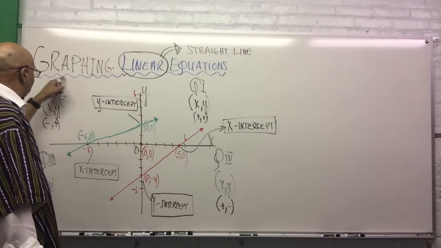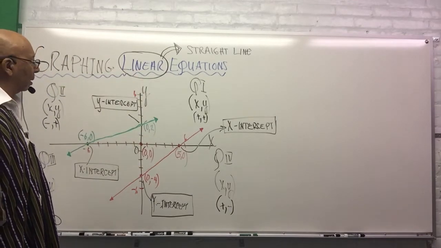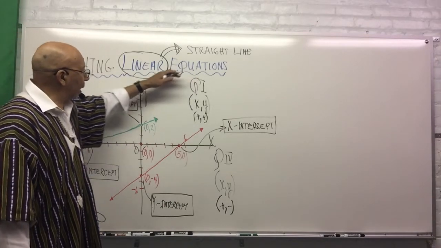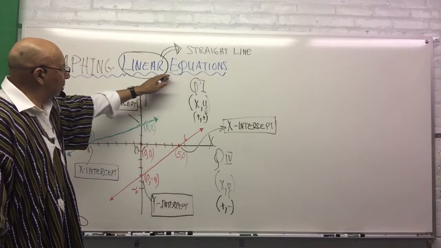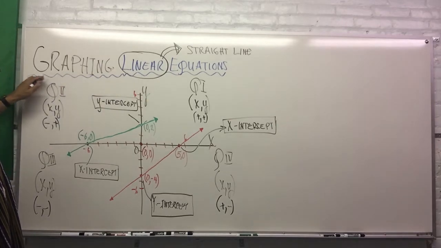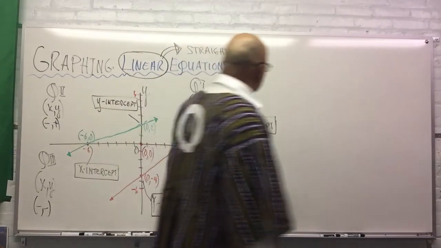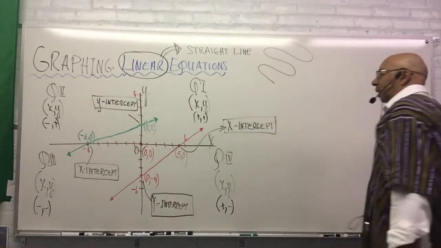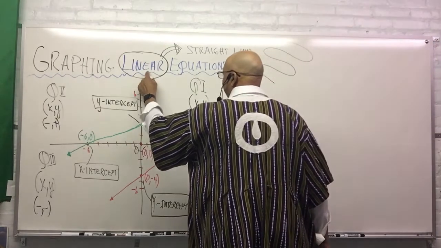The blue line is not linear. It's a wavy line. It's not separated, it's continuous, but it's not straight. So it's not a linear description of this pattern that I've put here. It's a line, but it's not a straight line. For example, this is a line, but it's not a straight line. So linear means straight line.